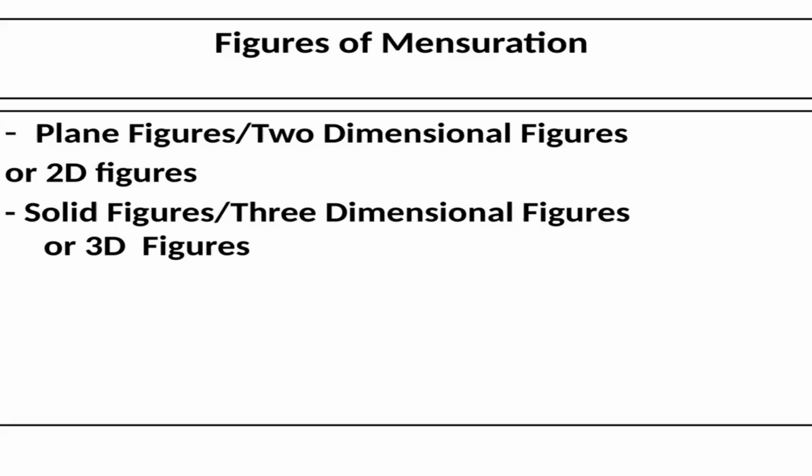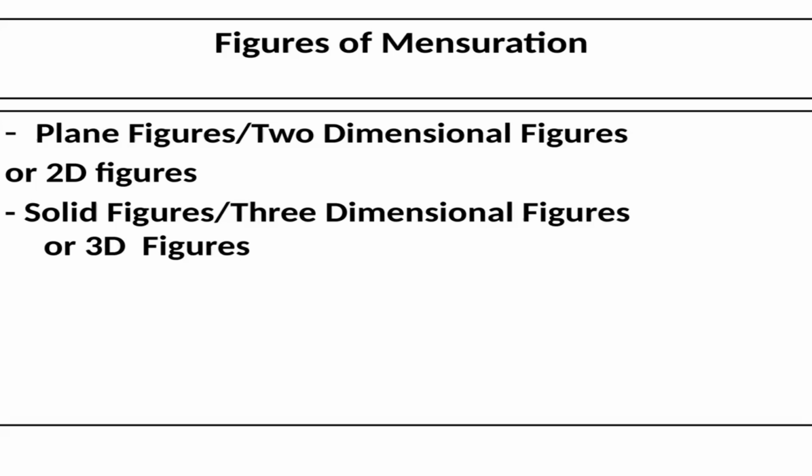If we classify any figures surrounding us, we can classify in these two ways, and we study mensuration in these two fields. So remember that there are only two kinds of figure: plane figure and solid figure.